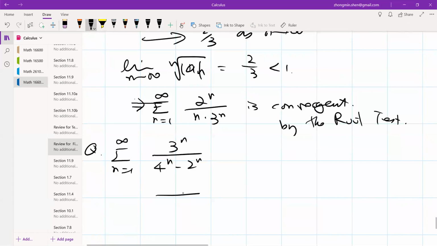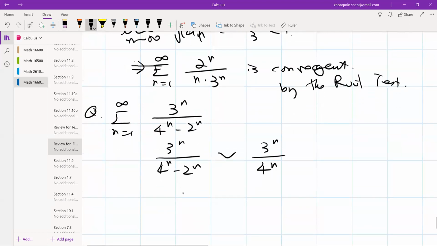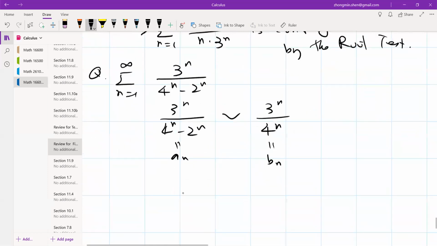So you can ignore 2 to the n. So that's my bn. So you're going to use a comparison test instead of a ratio test.